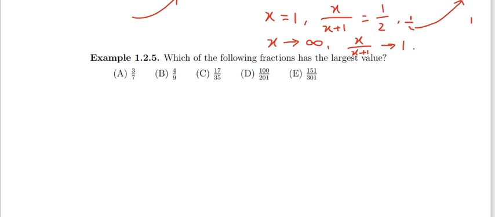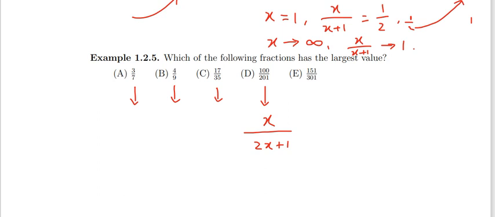So let's say for this one, this is just like those problems. If numerator is x, then denominator is 2x plus 1, right? And also this one, and this one, 17 over 35, yes.